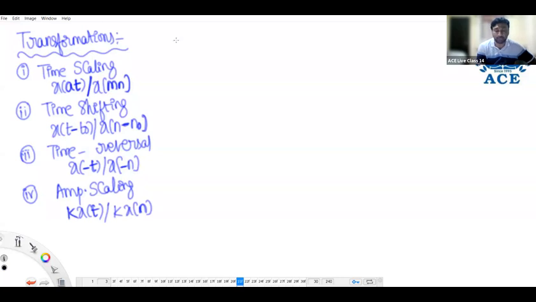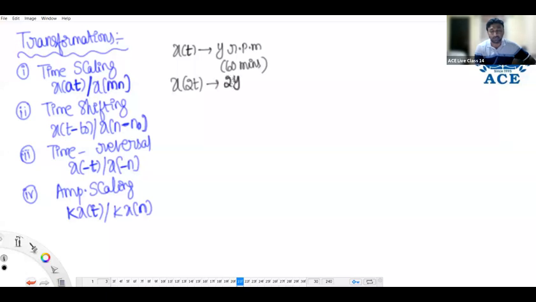To give some examples, if x(t) is a tape recording at a certain speed, assume it is a 60 minute cassette, y revolutions per minute. x(2t) indicates the same recording at twice the speed.